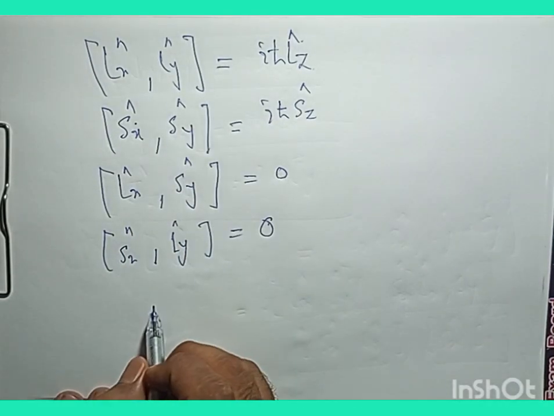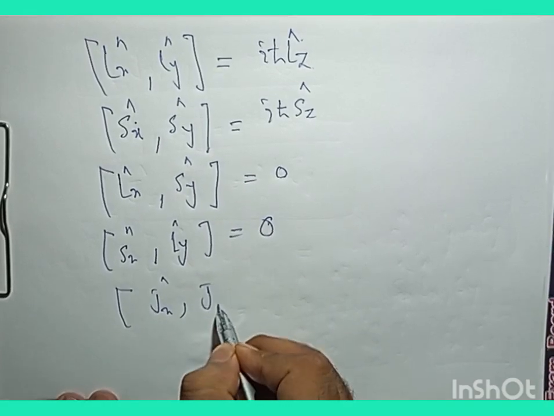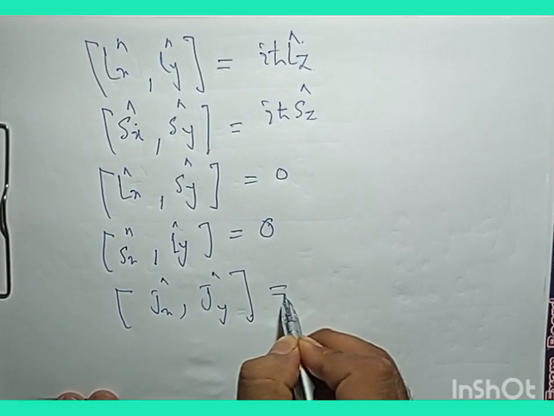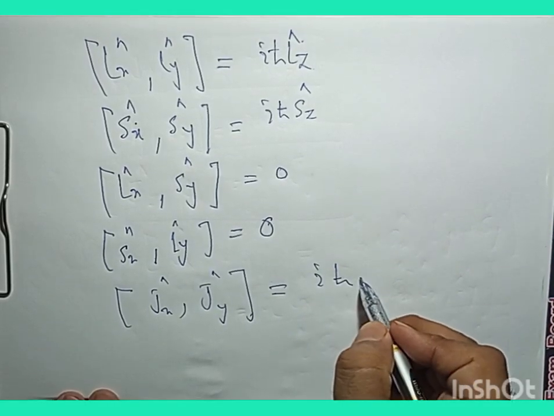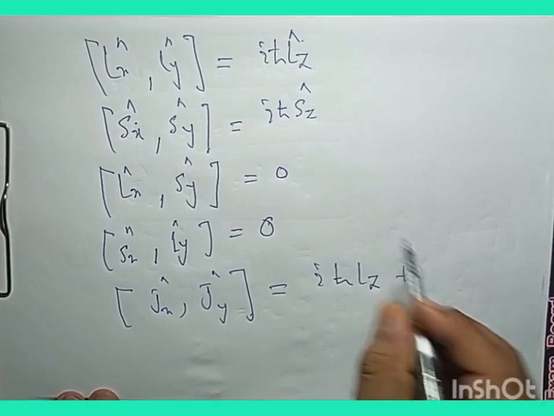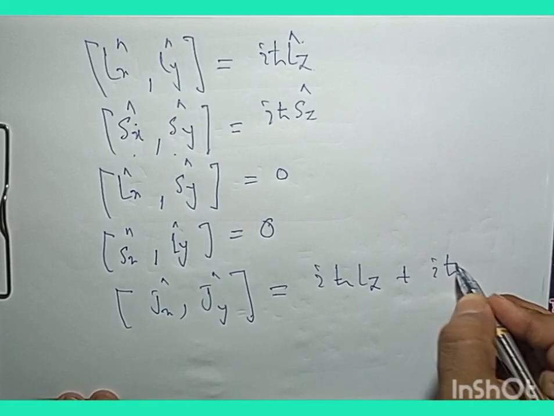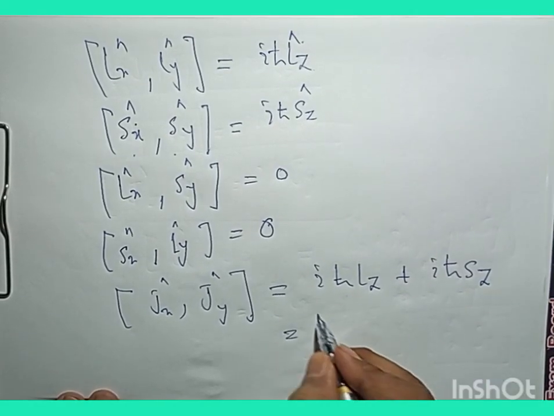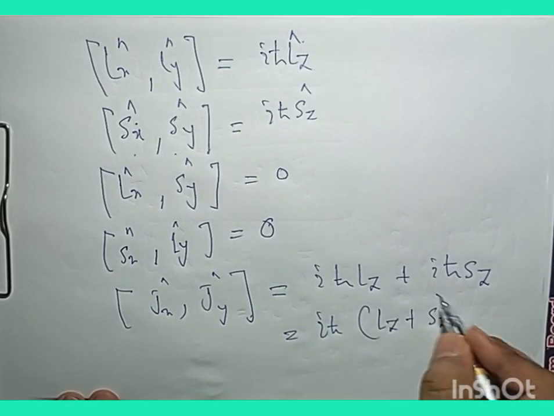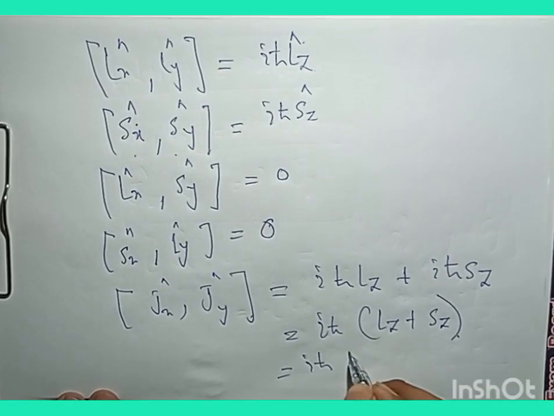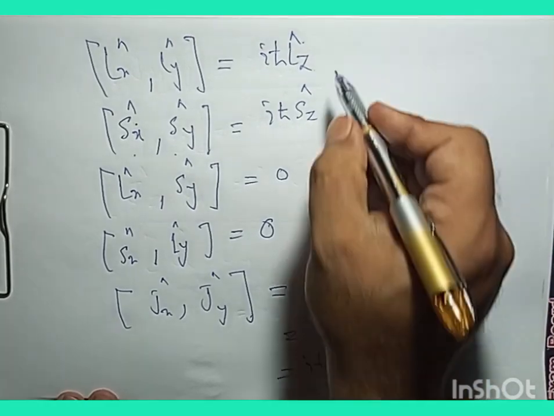Lx Ly and Sx Sy. So what is our left-hand side? That's Jx cap, comma Jy cap. For this we have iħ Lz plus, for Sx Sy, iħ Sz. So iħ is out, and we have Lz plus Sz, so iħ times Jz.